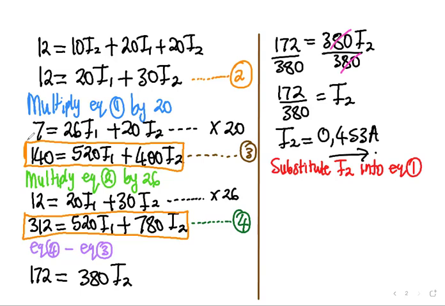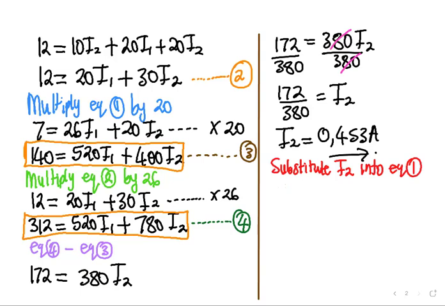So when we're saying substitute I2 into equation number 1, we're gonna basically write equation number 1 as it is. So equation number 1, remember it's 7.